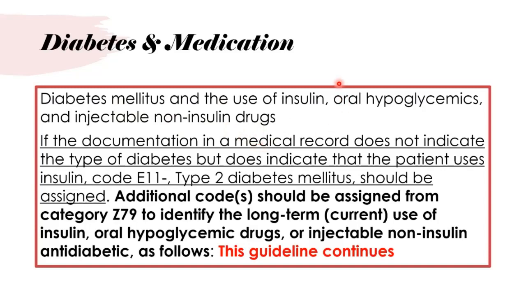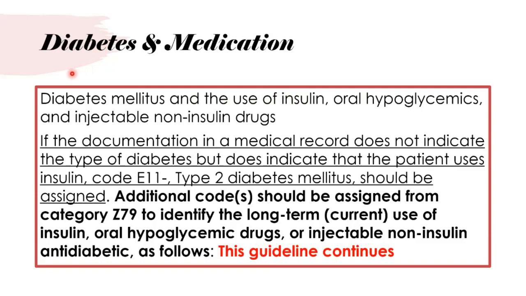Okay, so you may have heard of Humalog, Novolog. That would be an example of insulin. Oral hypoglycemics could be something like Actos. An injectable non-insulin could be something like Victoza. So those are just examples, but there are lots of different drugs that a person can take for diabetes.